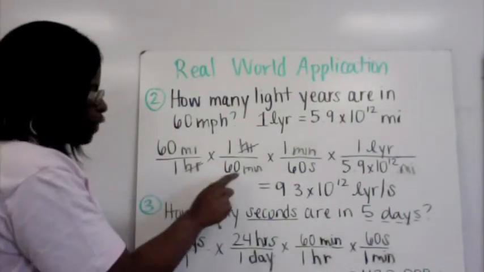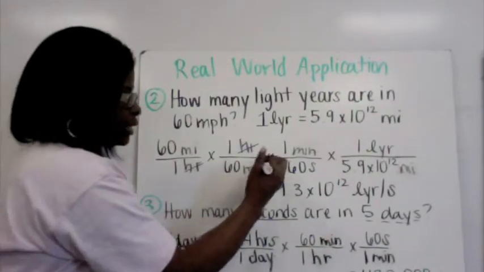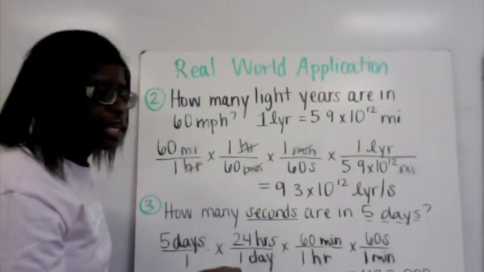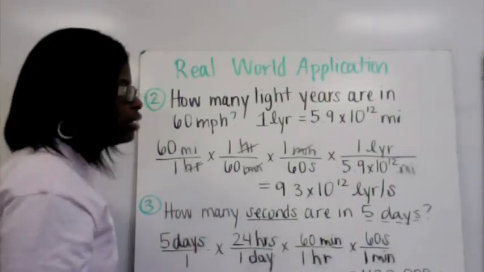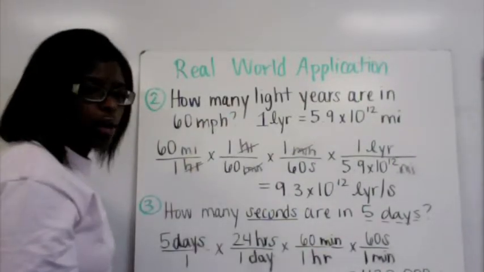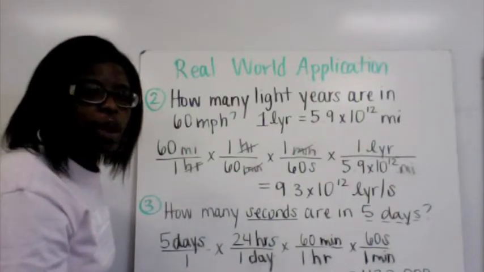Then we have, for every 60 minutes, we need to get rid of minutes. So 1 minute has 60 seconds. And light years are actually measured per second. So we're going to leave the unit seconds in. And then we need the light year because that's what we want our answer in as well. But every light year is equivalent to 5.9 times 10 to the 12th miles.